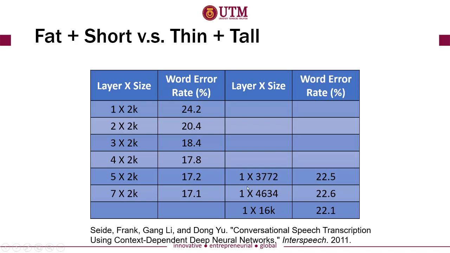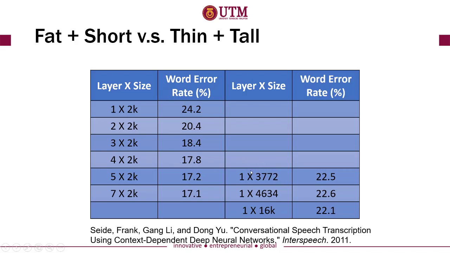In one hidden layer you have 3772 neurons, and then they try to increase the number of neurons but keep a single hidden layer, while in this setup they are changing the number of layers, and each layer has 2000 neurons. So you can see the effects there.